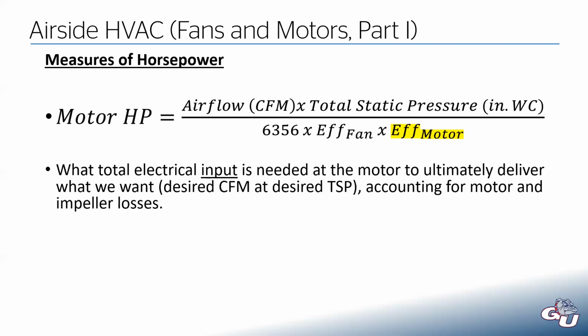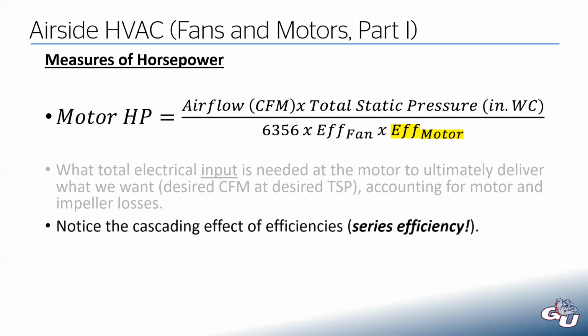And then as it goes down the line, we'll have some losses at every step. And so you might notice that we have this cascading effect. We started with air horsepower, which was just divided by the constant. And now we've added in the fan efficiency, and now we've added in the motor efficiency.